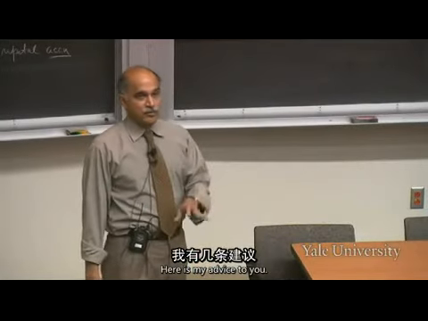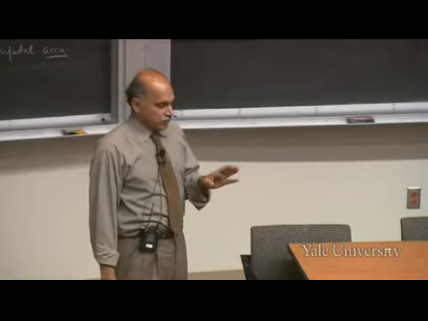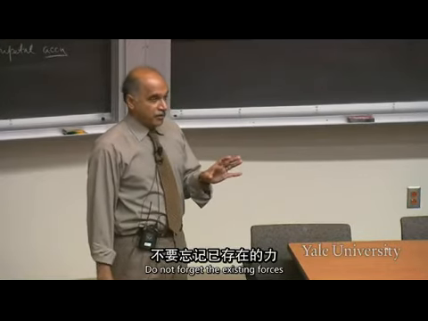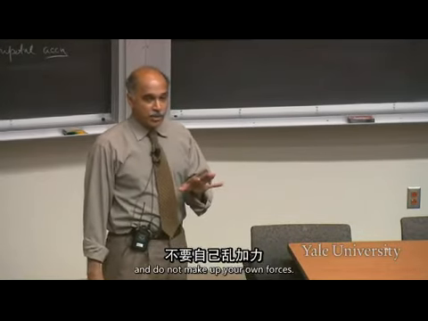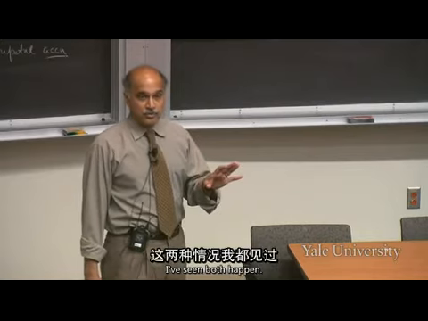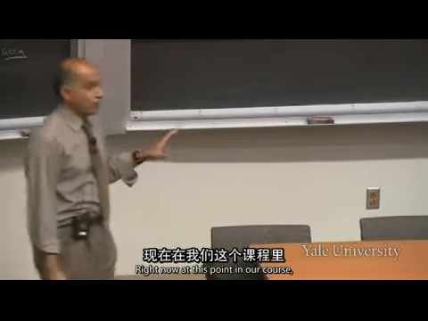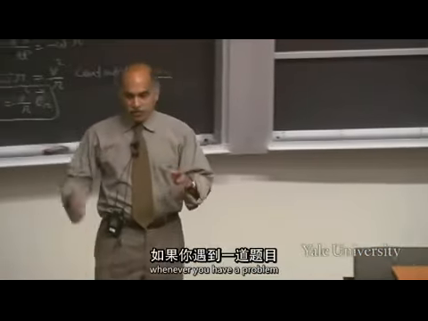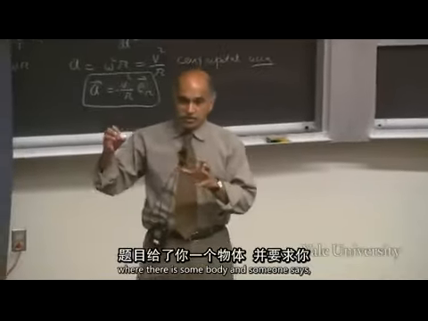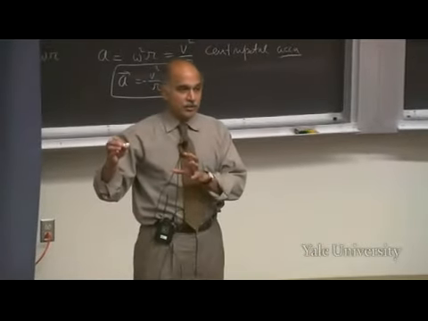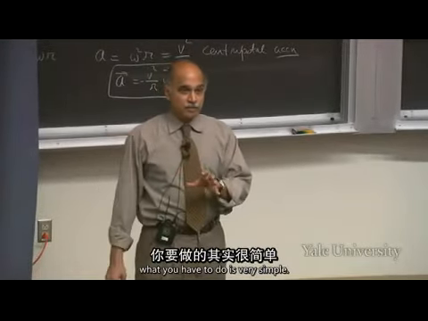So here's my advice to you. Do not forget the existing forces and do not make up your own forces. I've seen both happen. And right now, at this point in our course, whenever you have a problem where there is some body and someone says, write all the forces on it, what you have to do is very simple.